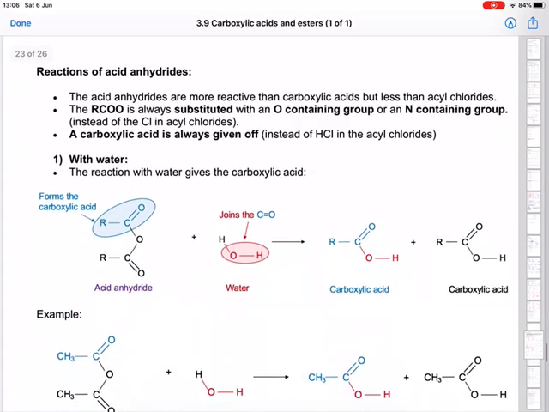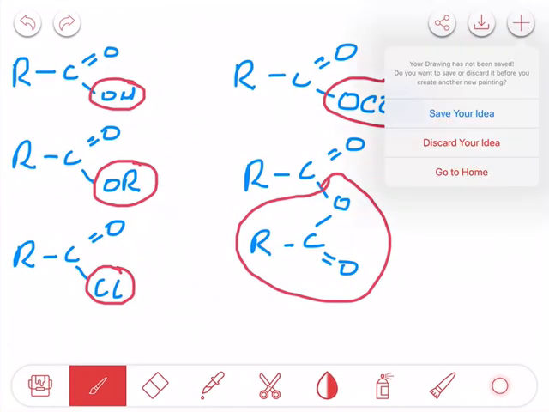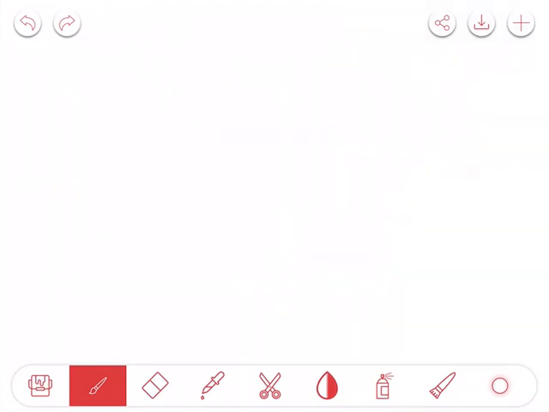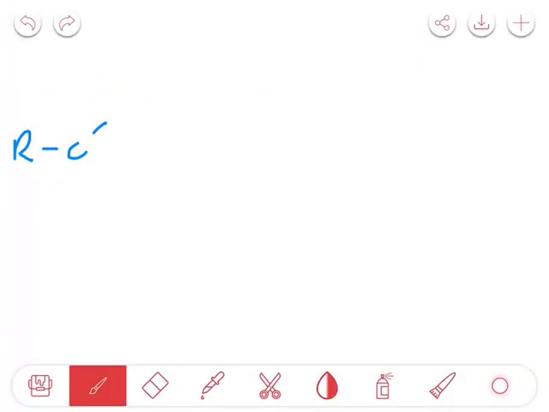In terms of the reactions of these, it's exactly the same as the reactions of the acyl chlorides. And again, I'll go back to this so that we can have a look at how all of this goes together. So here's my acid anhydride, and I'll draw it out in full.